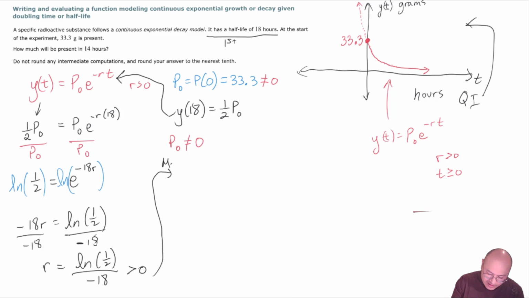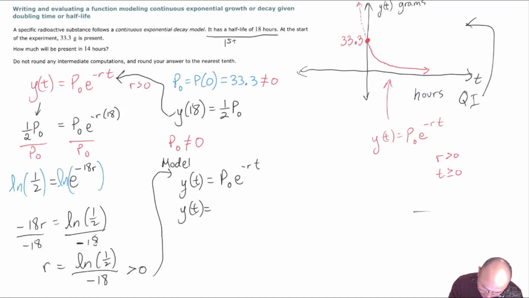A lot of times mathematics is about finding a model or approximating a model. Our model, remember, is y of t, which is in grams, is now equal to P naught e to the negative rt, but we're going to substitute our constants.